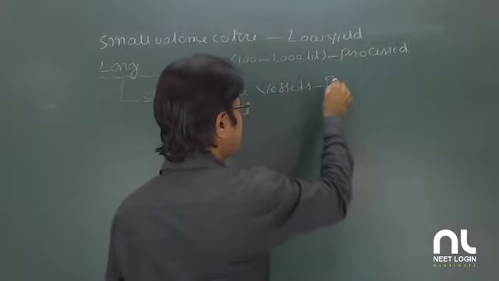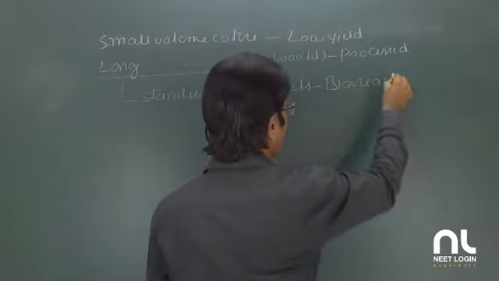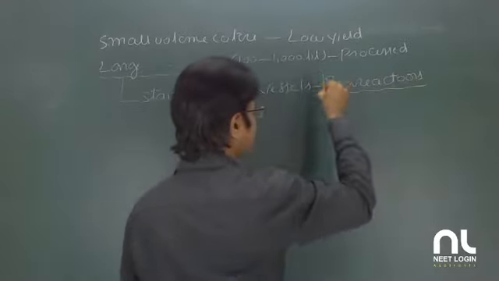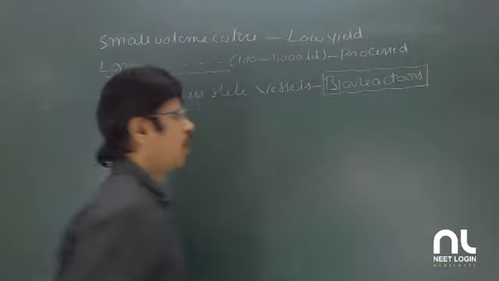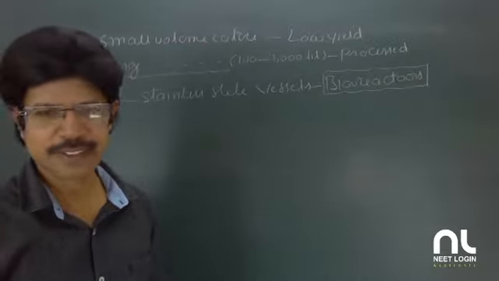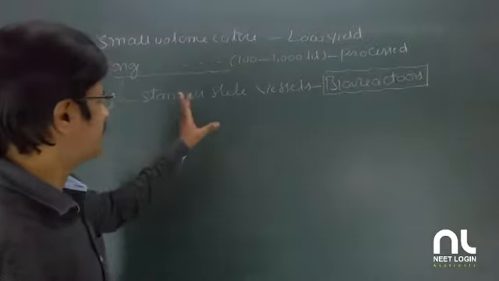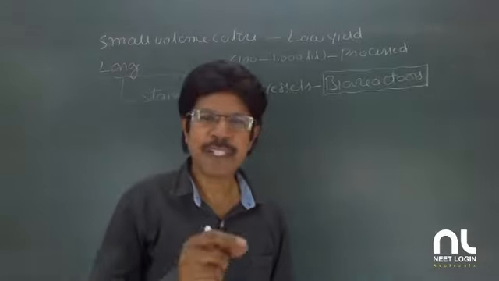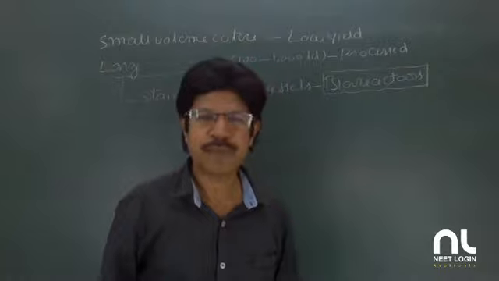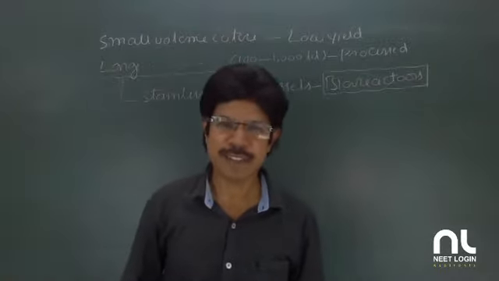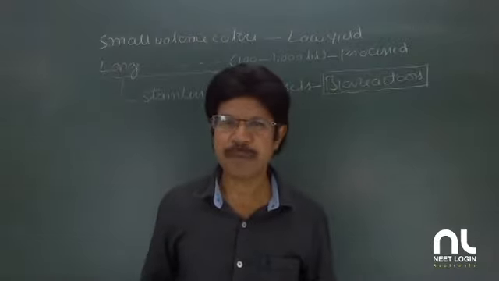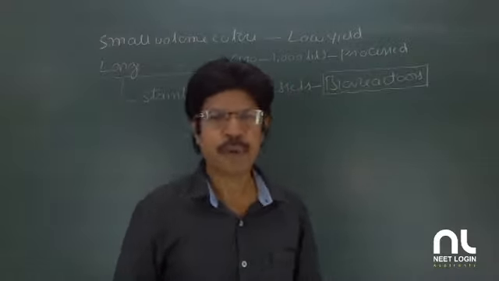What do you call them? Bioreactors. Bioreactors are stainless steel vessels where raw materials are biologically converted into products using microbes, plant cells or animal cells. Maybe a food product, a veterinary product, or a medical product.